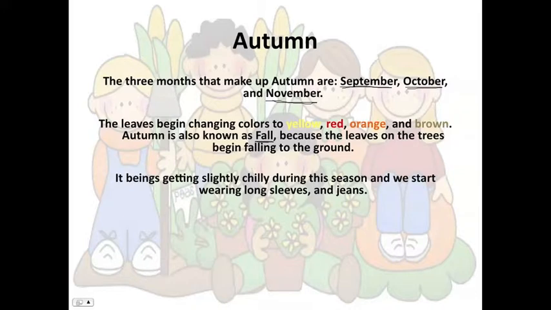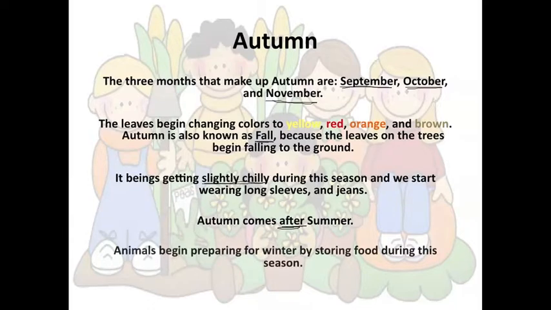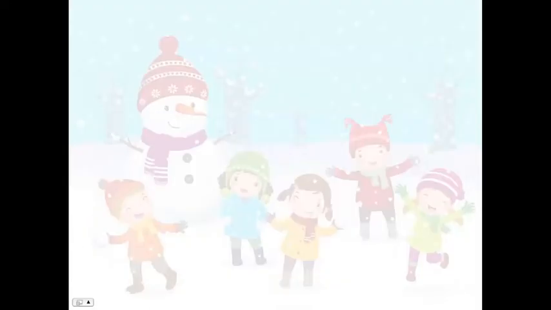It begins getting slightly chilly during this season, and we can start wearing long sleeves and jeans. Autumn comes after summer. So let's remember that autumn comes after summer. Animals begin preparing for the winter by storing food during this season.